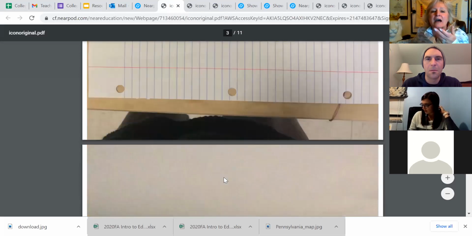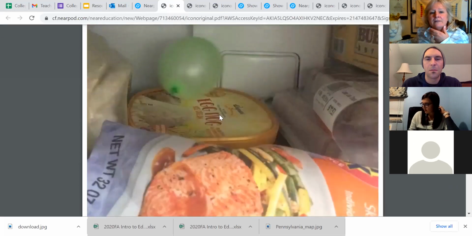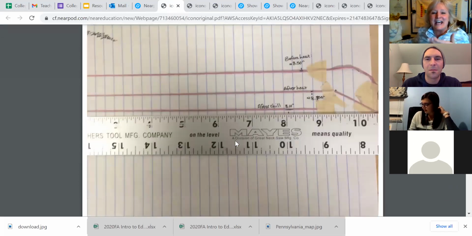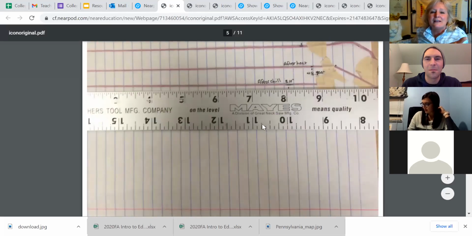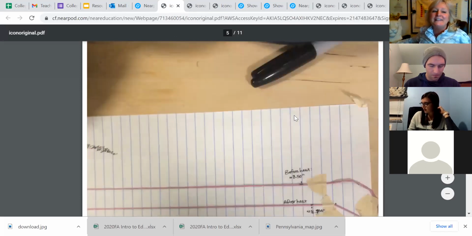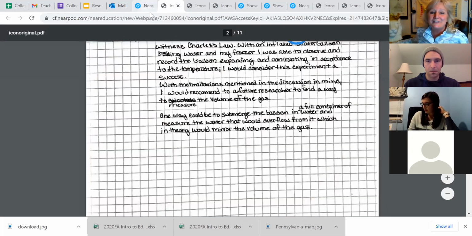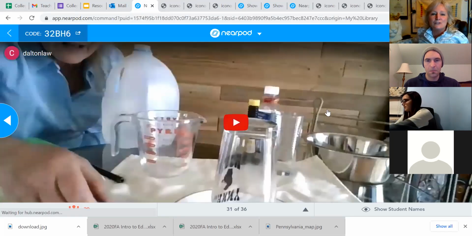So I love how creative they are in trying to figure out, oh, here's some eggnog ice cream, trying to figure out how to adapt the lab. I think this was just so nice what the student did. This is before the heat, after the chill. So just really neat to see students be so creative and more scientific than me just handing out the equipment. So I really enjoy that.